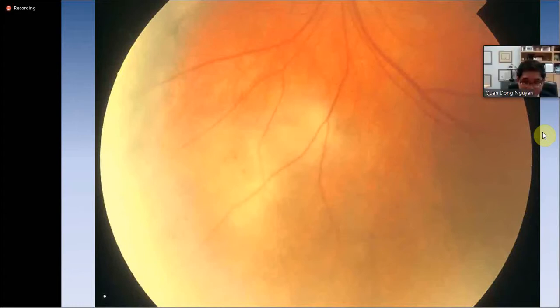And when you see a lesion like this, Hasham, what are you thinking of? Let's say you see some subretinal lesion like this. Hasham, what kind of thing would you consider besides lymphoma, which is the topic of our talk?